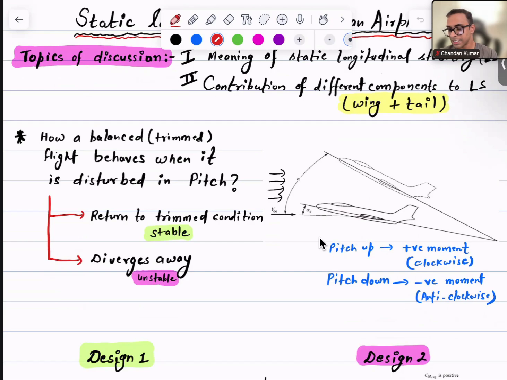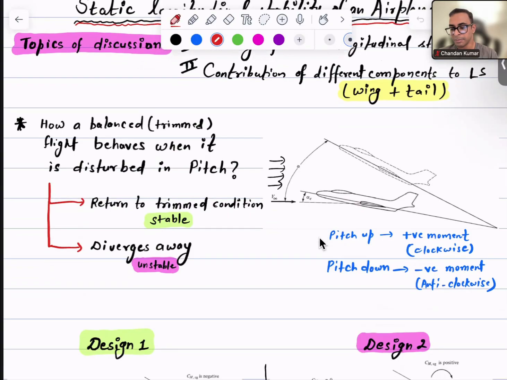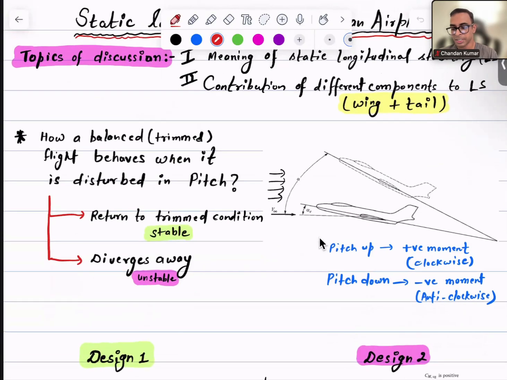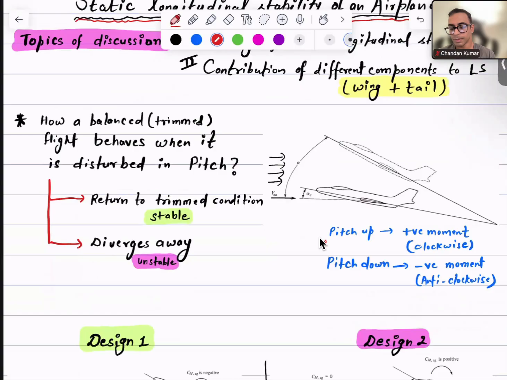To understand this, we have a figure on the right hand side showing a side view of an airplane. And before having any discussion, we must remember that a pitch up moment is a positive moment, which is clockwise, while a pitch down moment is a negative moment, which is anti-clockwise.